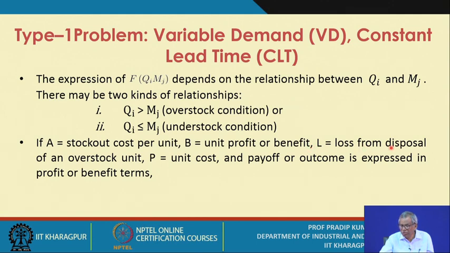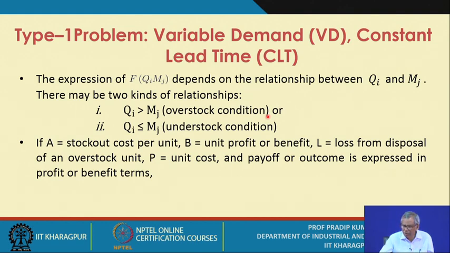L equals the loss from disposal of an overstock unit. If it is an overstock unit, what do you try to do? You try to dispose of it, that means with a lesser price, obviously a salvage value.